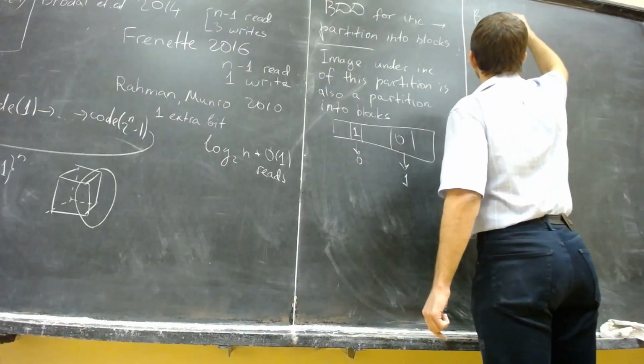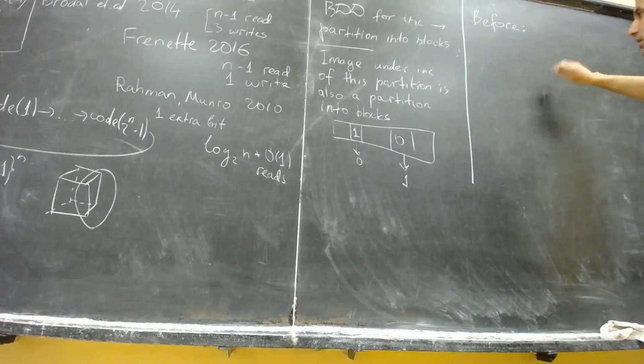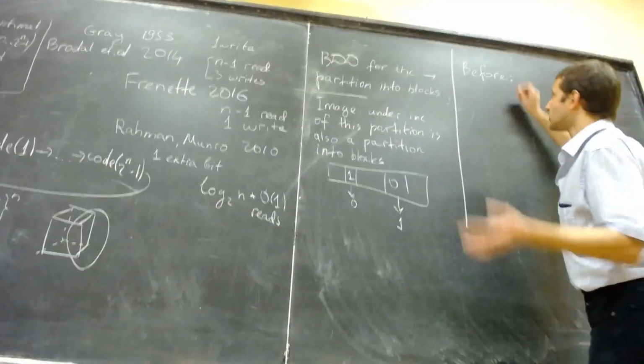I will call it 4. It is the following permutation, the following order.